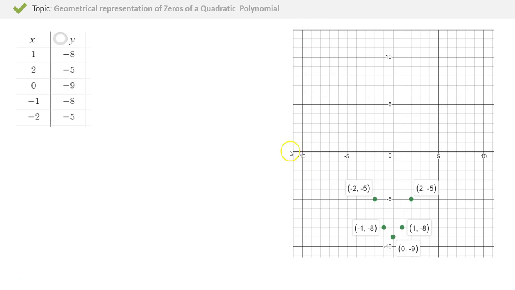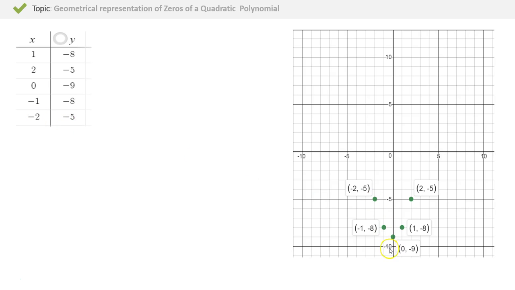If you plot them into a graph, your points would look something like this. For example, x equal to 1 and y equal to minus 8 is here. x equal to 2 and y equal to minus 5 is here. x equal to 0 and y equal to minus 9 is here. And x equal to minus 1, y equal to minus 8 is here. x equal to minus 2 and y equal to minus 5 is here.